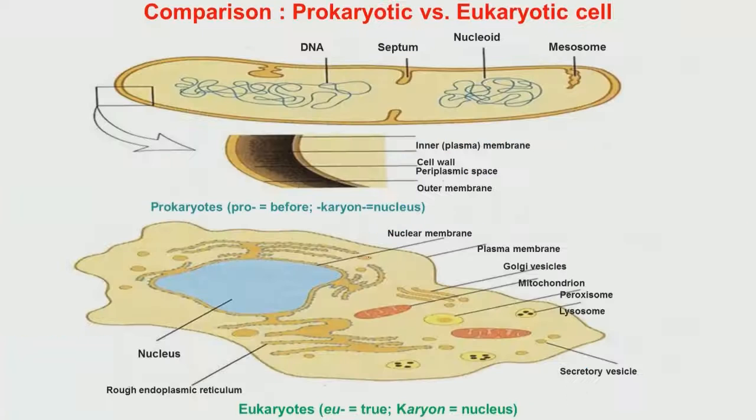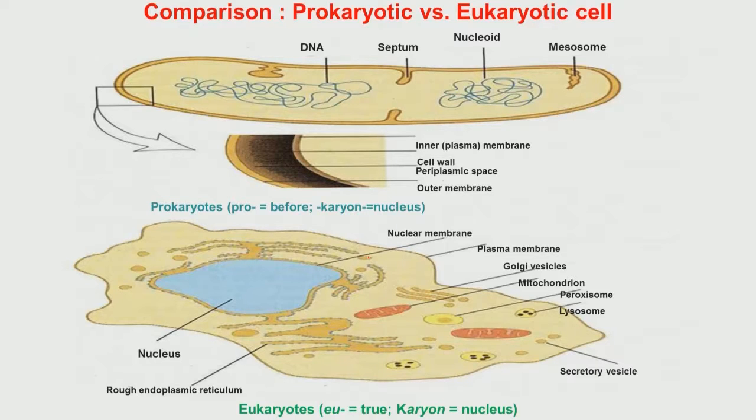So, just to give you some difference between prokaryotic cells, where pro means before and karyon means nucleus, and eukaryotic cells. Prokaryotic cells certainly do not have a very well developed cellular structure, whereas eukaryotic cells represent the most matured and well developed cellular structure.